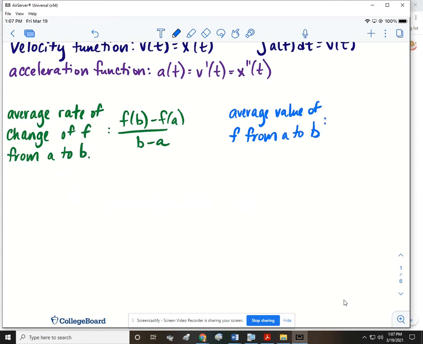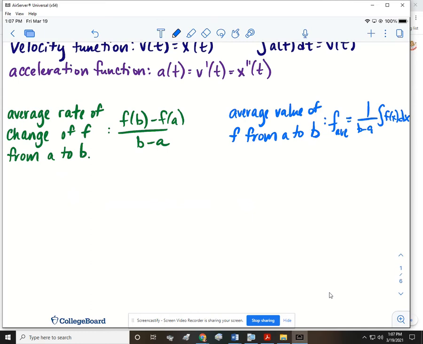All right, and so that's where we do f average is equal to 1 over b minus a of the integral of f of x dx. Sorry, let me try that again. A little short on space.